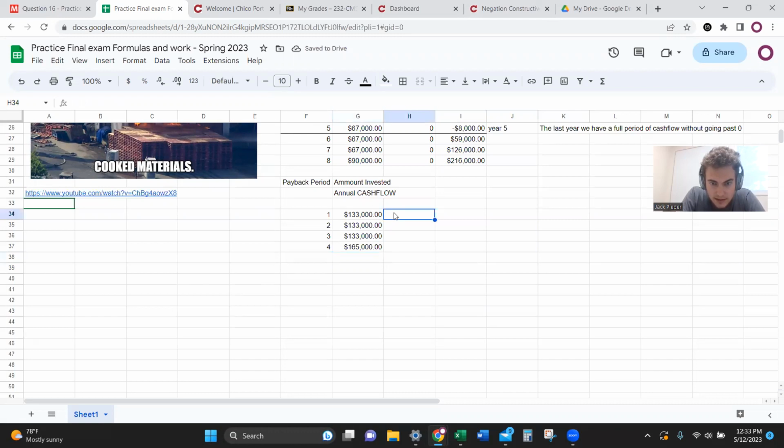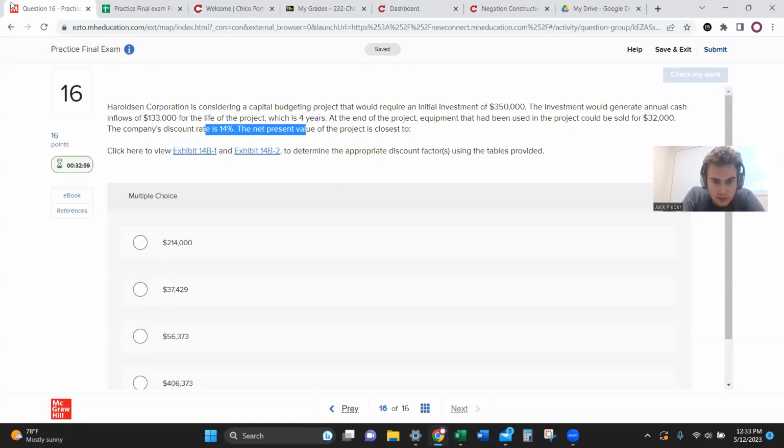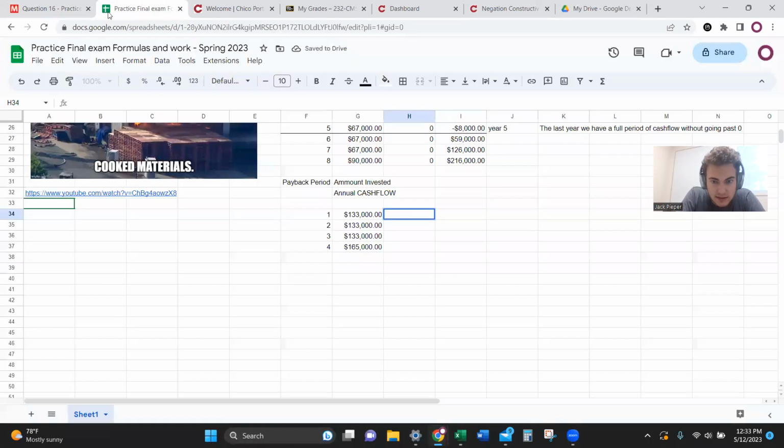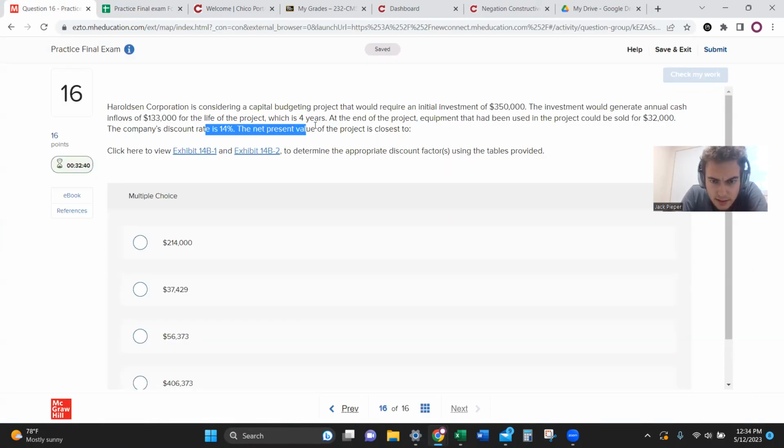Okay. And then this is cash outflow of 350,000. And then company's discount rate is 14%.